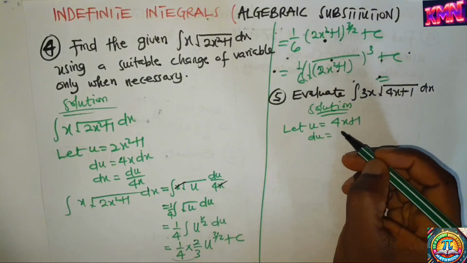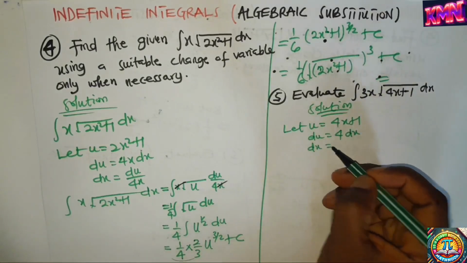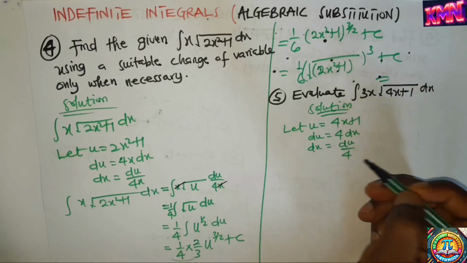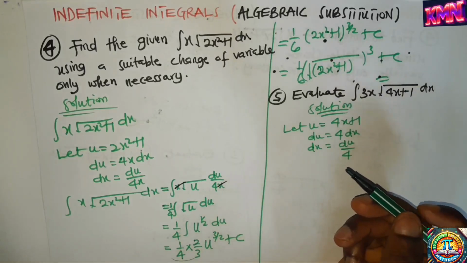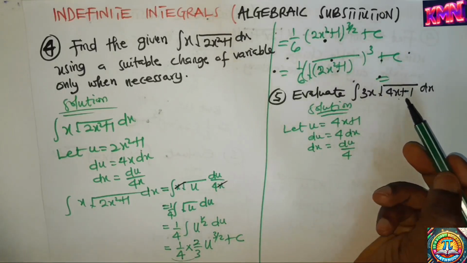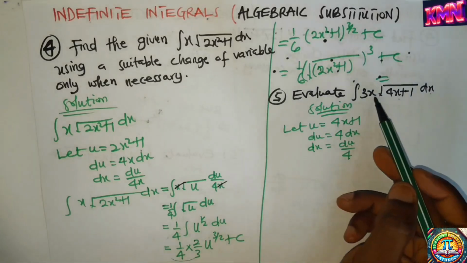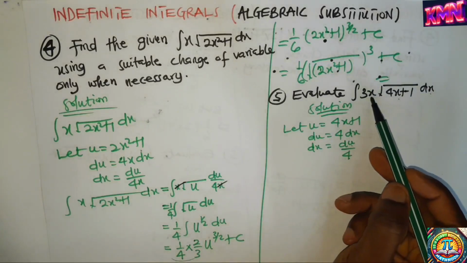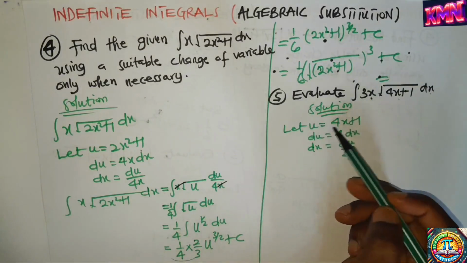The du becomes 4 dx, and our dx is now du on 4. Over here, you can see that when we substitute u here and then dx as du on 4, there will still be a variable x in the integral function, and hence, in order to get rid of that x, we need to make x the subject from here.